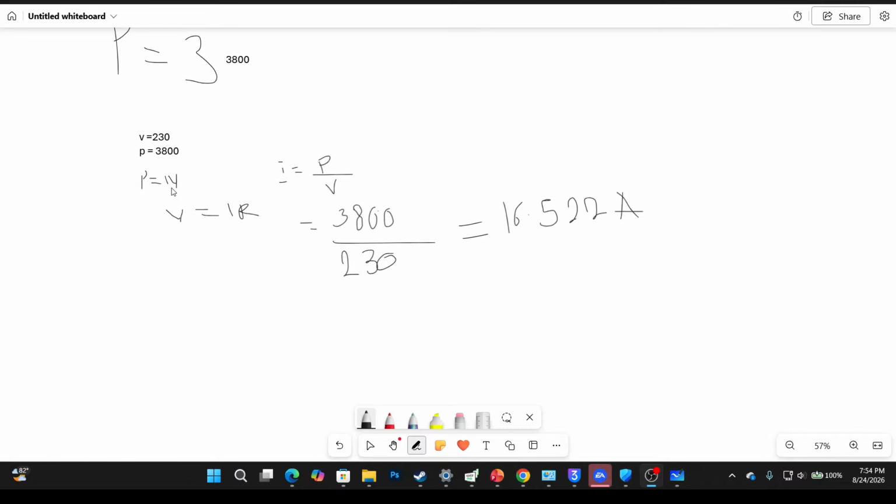To find our current, grouping like terms, we get I equal to P over V. We have our P to be 3,800 over 230, which is equal to 16.522.